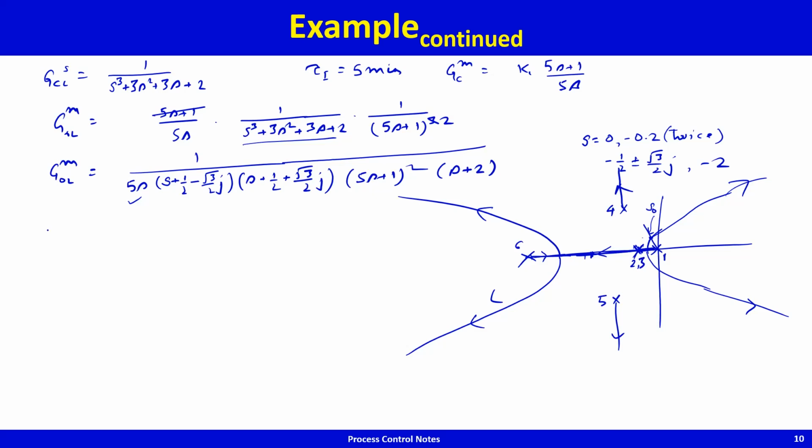So phi 1 is going to be pi minus tan inverse square root 3, because S naught must be such that its imaginary part is square root 3 times its real part. That's what it will be.